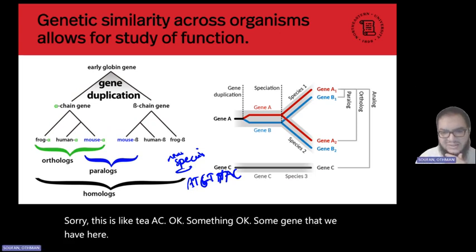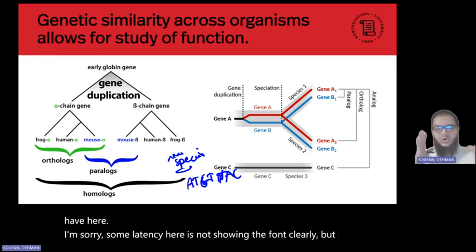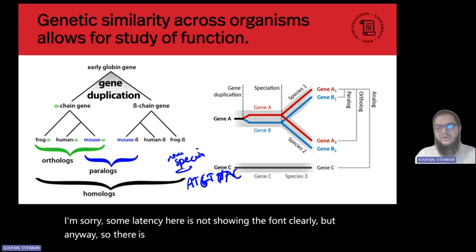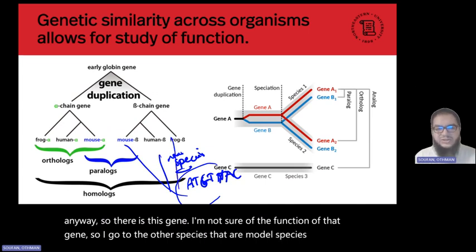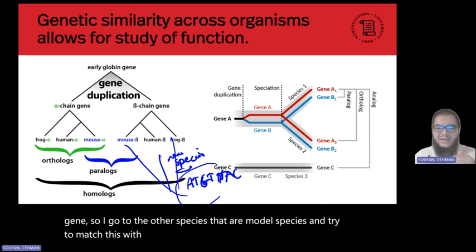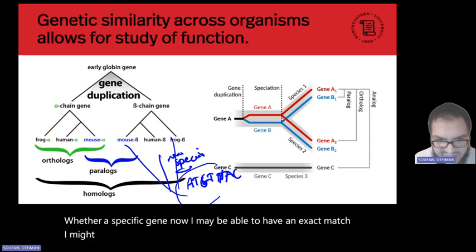I'm sorry, some latency here is not showing the font clearly. But anyway, there is this gene, and I'm not sure of the function of that gene. So I go to the other species that are model species and try to match this with a specific gene. Now, I may be able to have an exact match. I might not be able to have an exact match.